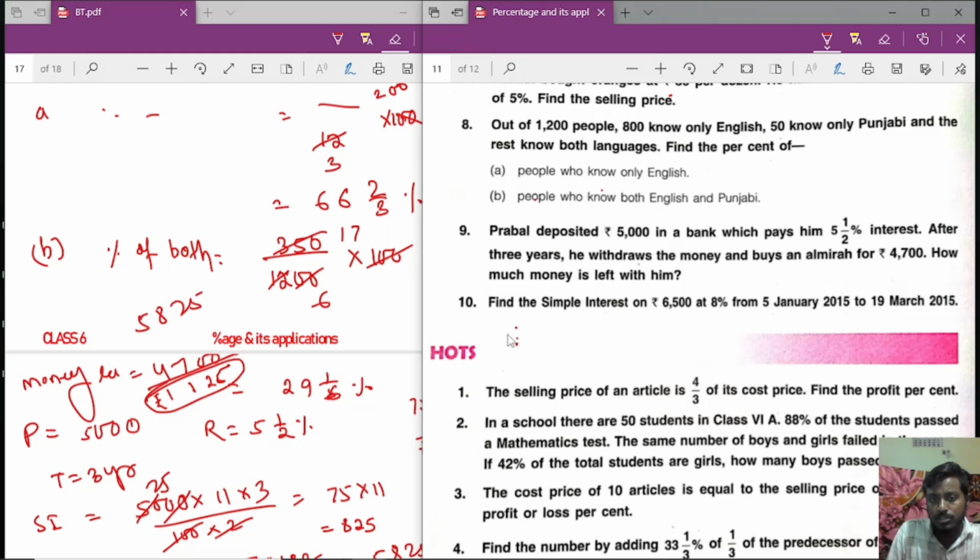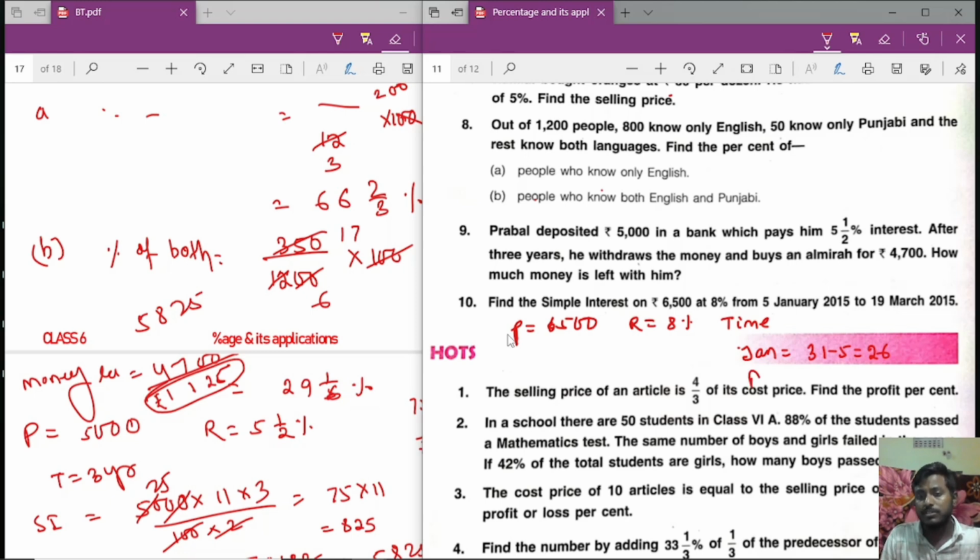P equals 6,500, R equals 8%, and time we should find. How to find? First write down the number of days in January. January equals 30 minus 5, that is 26.